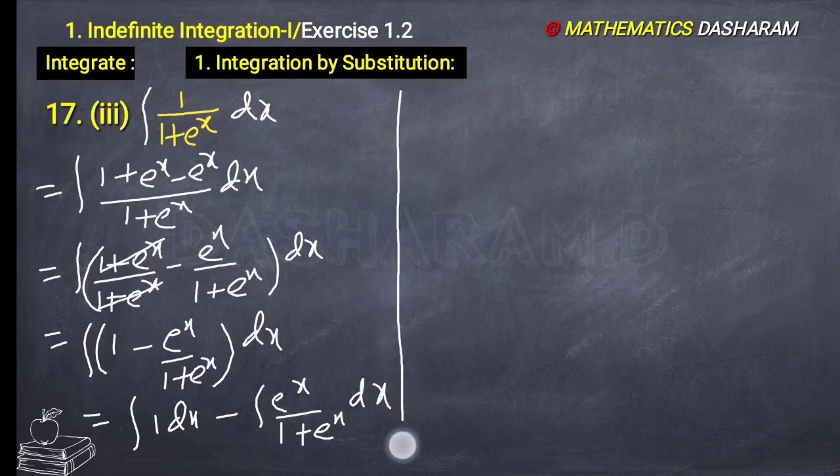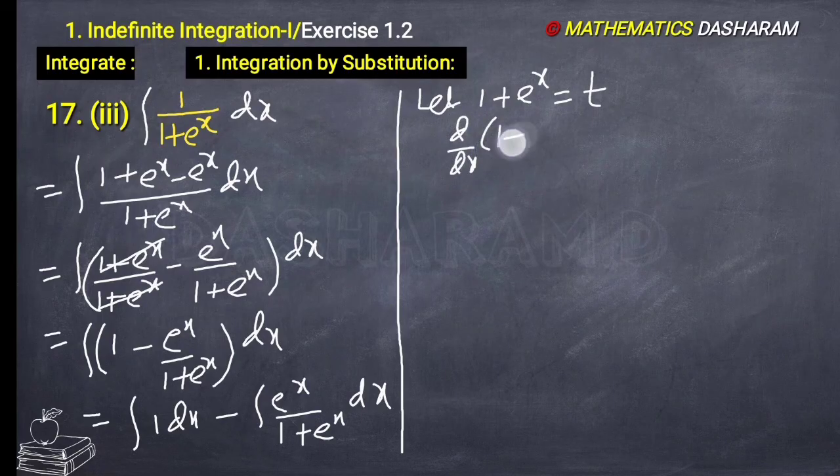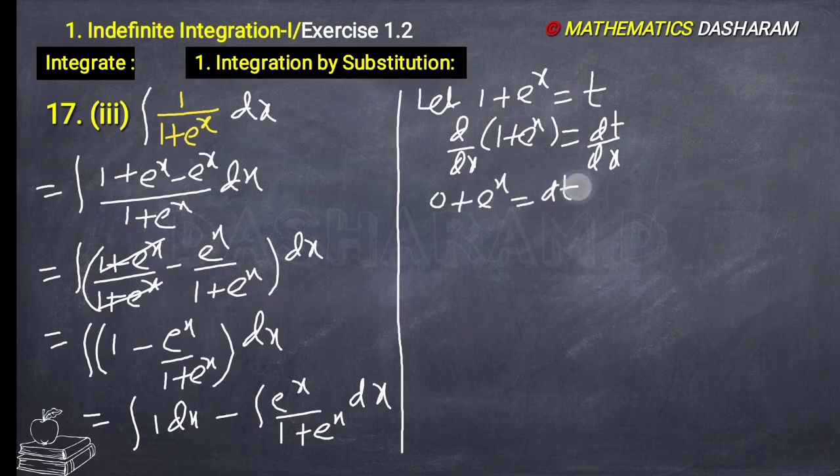So to simplify this answer, let's select the denominator 1 plus e power x equals t. Now take the derivative on both sides with respect to x: dt by dx. So 0 plus e power x equals dt by dx. So e power x dx equals dt.